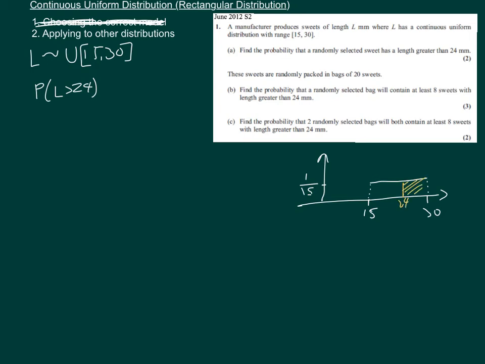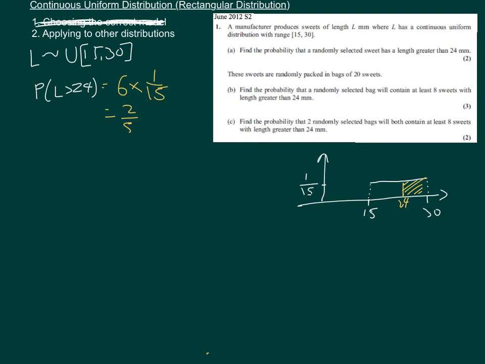We need to find that area there. So this length here is 6, the height is 1 over 15, so we need to multiply 6 by 1 over 15, which will give us an answer of 2 over 5 when we simplify our fraction.